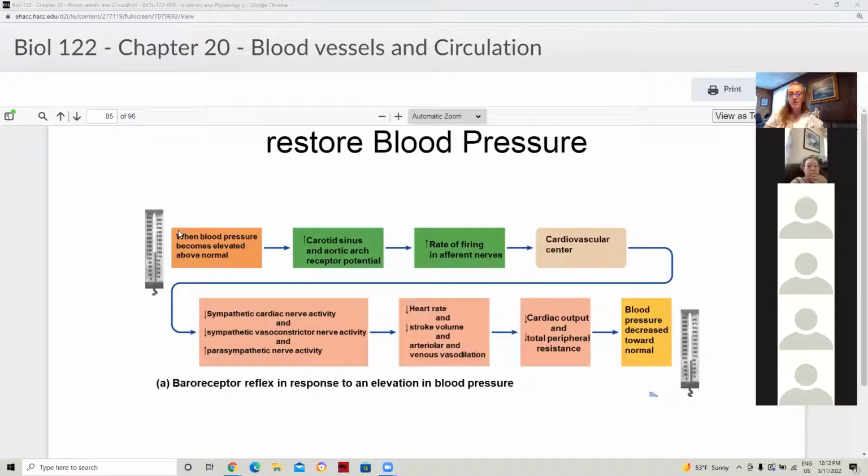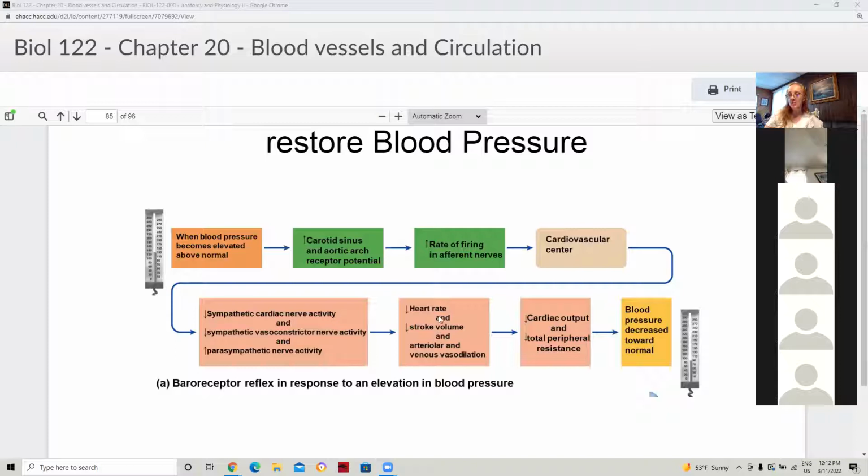So with increased blood pressure, those baroreceptors start to fire into the afferent nerves. It stimulates the cardiovascular center, which decreases sympathetic activity on the heart, decreases sympathetic activity on the blood vessels, and increases parasympathetic activity on the heart.